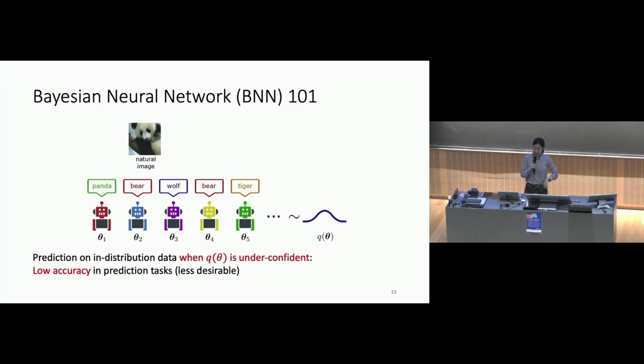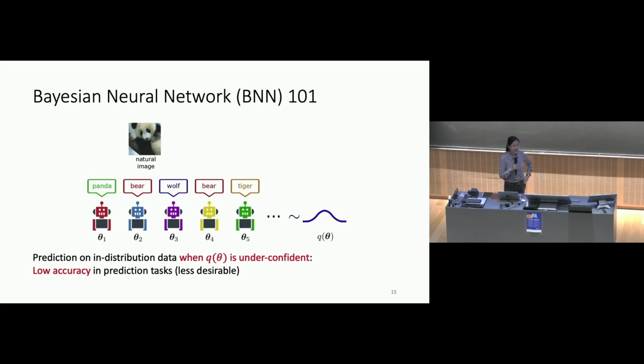If your posterior approximation is very flat, maybe covering some mode of your exact posterior but also covering some low density regions of it, then you're including some experts that are not doing well on your data set. Even for in-distribution inputs, your experts give different answers and cannot agree with each other, so you actually have low accuracy in this case.